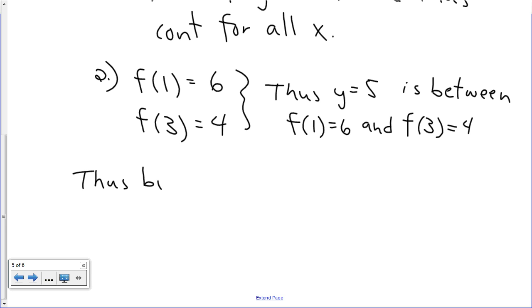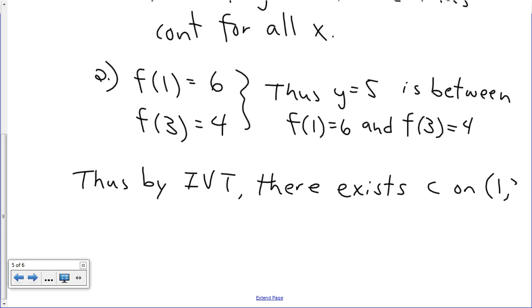Thus, by the intermediate value theorem, we can just write our conclusion here, which is basically taking the same conclusion from the theorem itself. Thus, there exists a value of c on the open interval from 1 to 3 such that f of c is equal to that y value of 5.